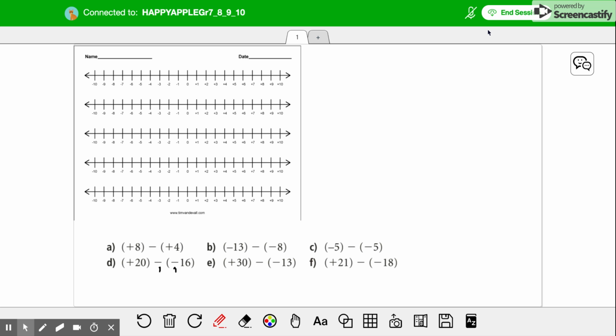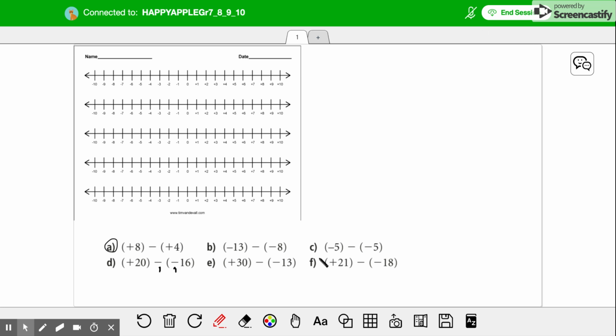A positive. Okay, so you've just been doing these on the number line. They've only given you 5 number lines and 6 questions for some reason. Do you have any idea how to do this first one?